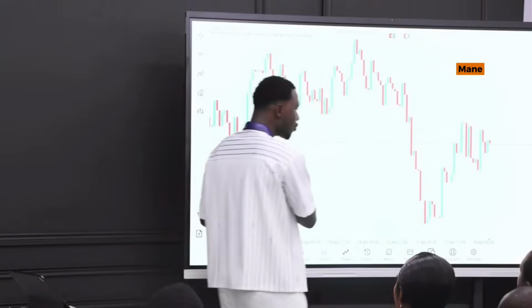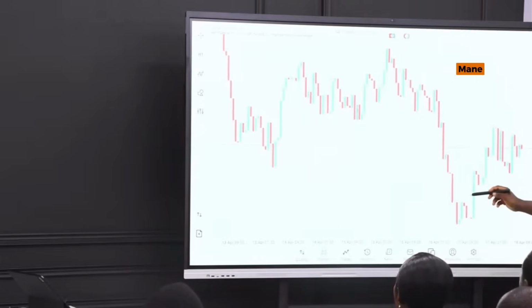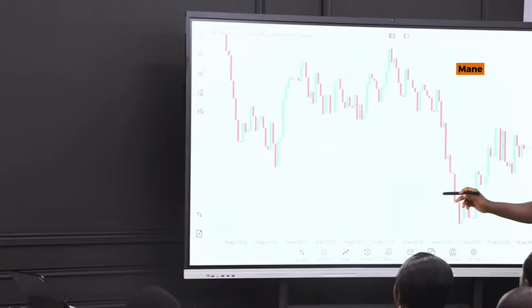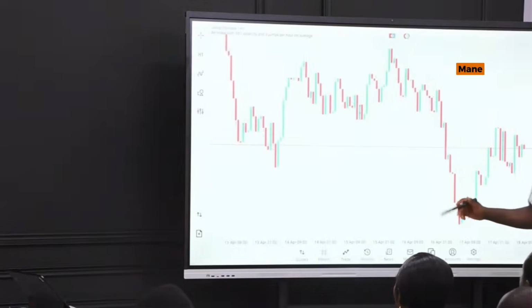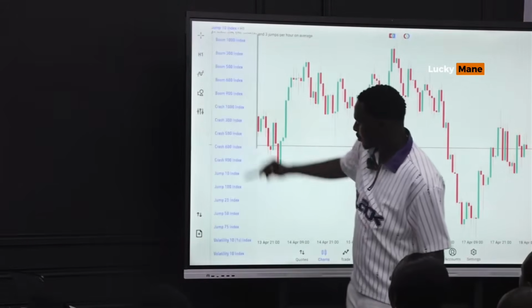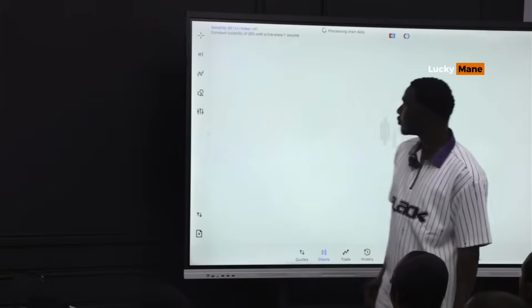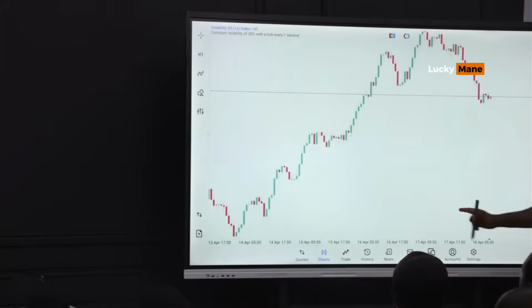It's a higher time frame, but if I scroll all the way down, you can still see markets that happened in the past. So this is H1.